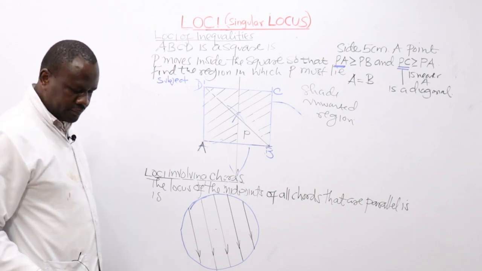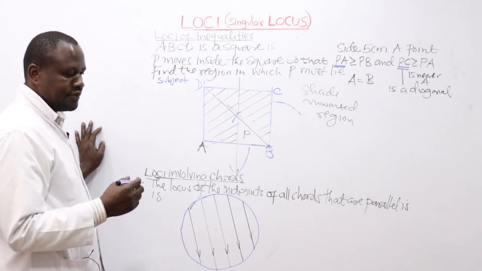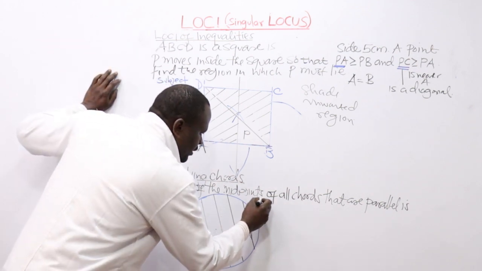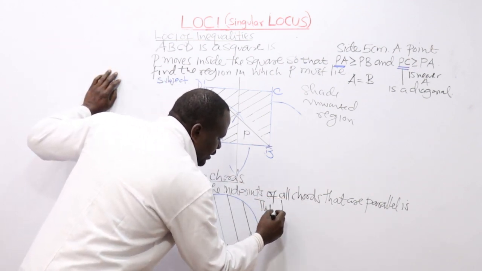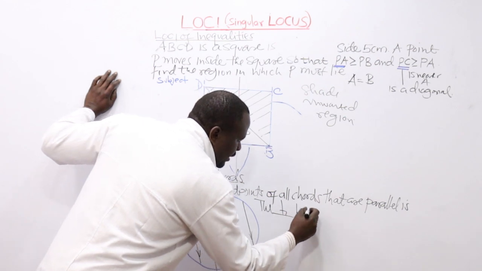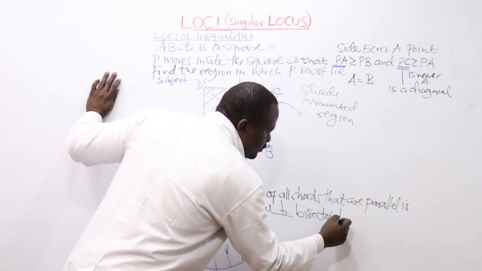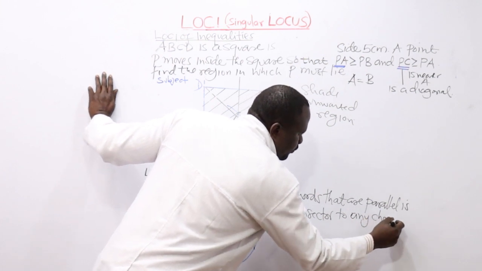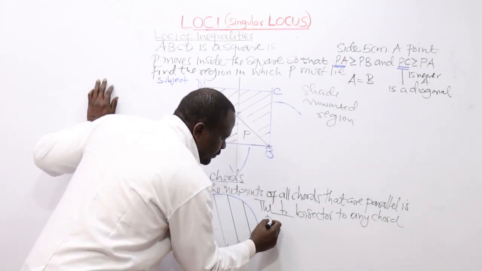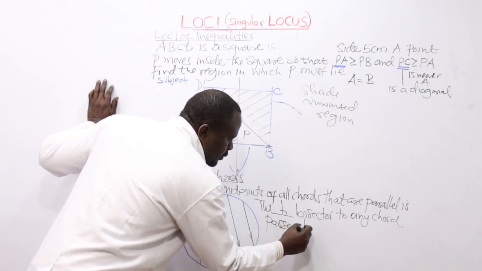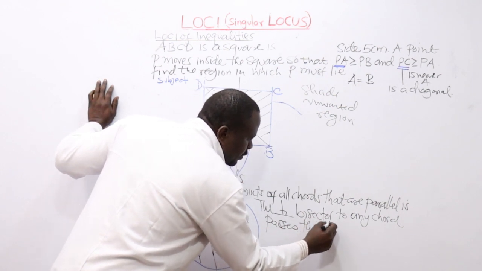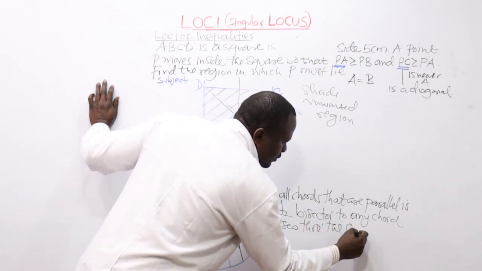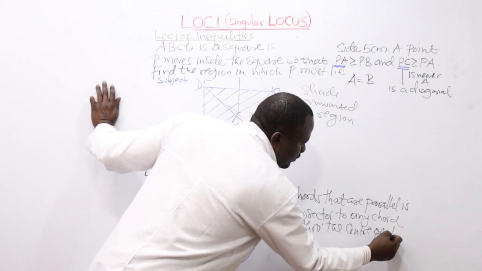Now, remember you learned in Form 3 that the perpendicular bisector to any chord passes through the center of the circle.